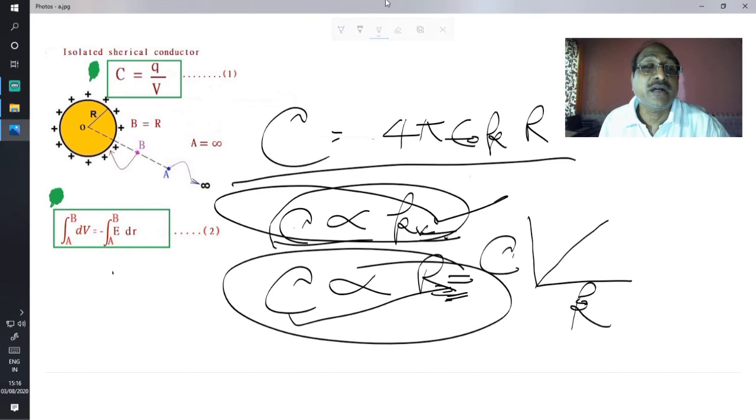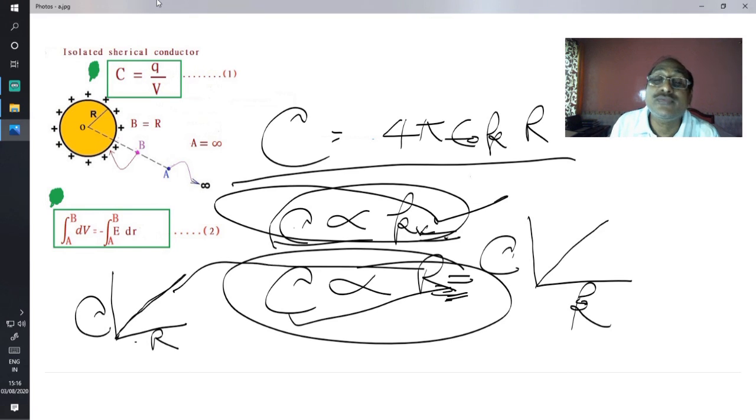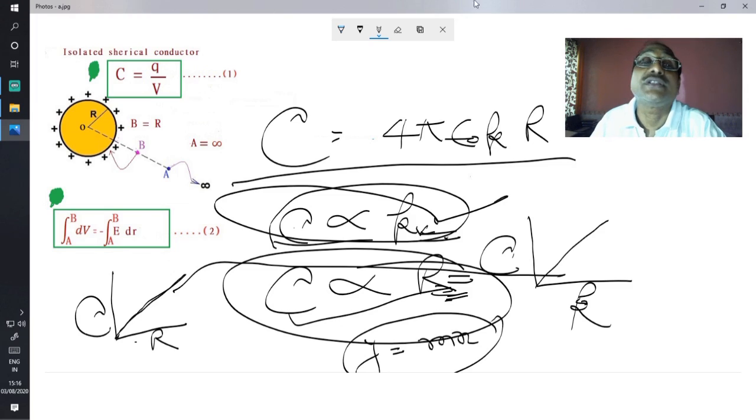Similarly, if we draw a graph between the capacitance and radius, we also find a graph passing through the origin, and it is a straight line. These two graphs are similar to y equals mx, the graph of a straight line. Okay, thanks for watching the video.